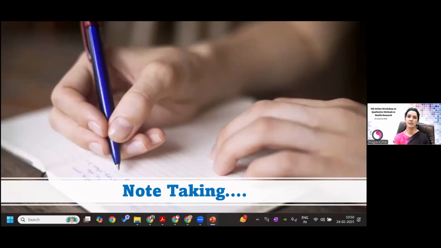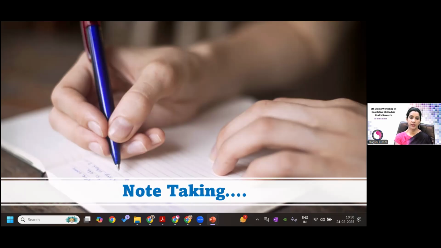And again, the next very important point is regarding note taking. Whenever one person is taking the interview, I said that if there is a team of 3 people, it's a good way to have coordination. So the second person generally takes the notes. Note taking, generally we call it field notes, and we will also see this in the session on analysis.